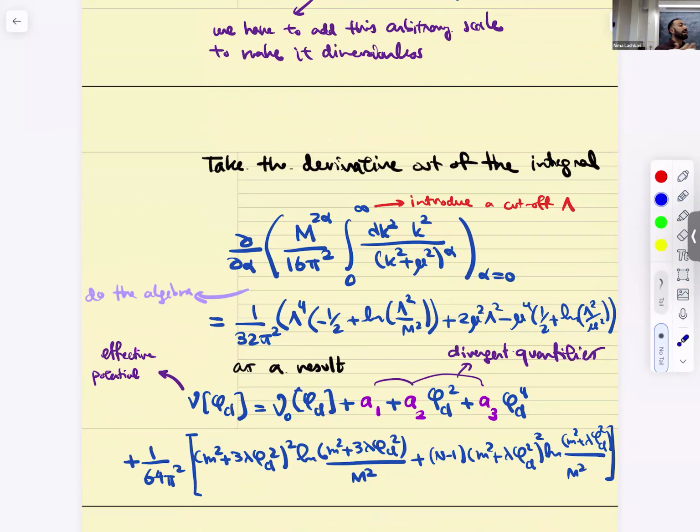Some minimal scheme, you just capture the divergent terms in A1, A2, and A3, and the rest. You could do this in a d minus epsilon expansion, all sorts of different ways, right? All the divergences go into these 3 terms. And the non-divergent piece is here.